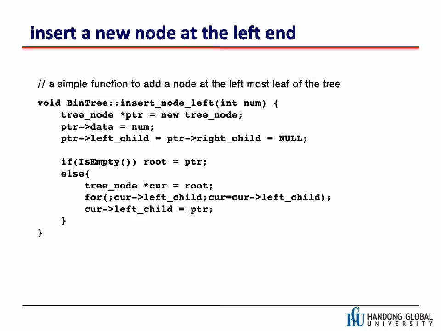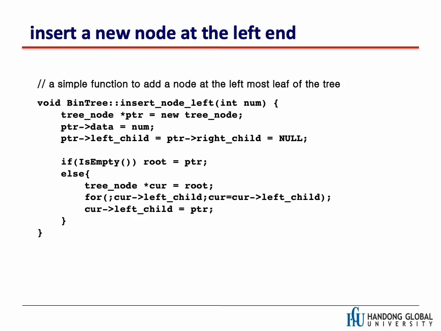If our current binary tree is empty, then the root should point to where PTR is pointing. Else, it means root is pointing to something already, so we don't have to touch root.